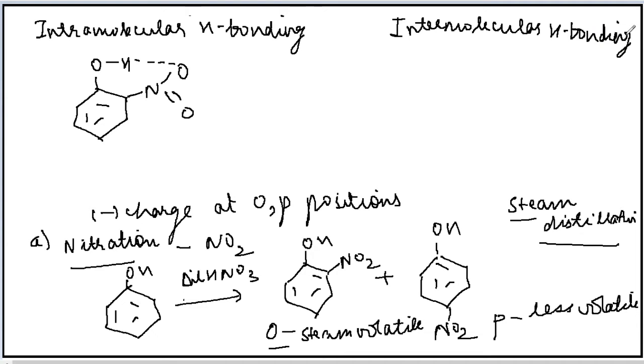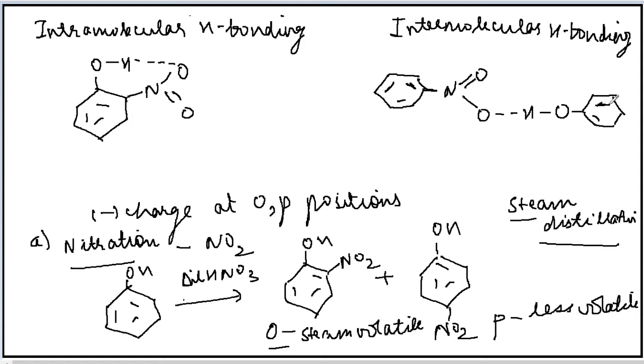Hydrogen bonding means a bond that is formed between hydrogen and an electronegative element. It can be of two types, intramolecular hydrogen bonding and intermolecular hydrogen bonding. Intermolecular hydrogen bonding means hydrogen bonding between two different molecules, whereas intramolecular hydrogen bonding means the hydrogen bonding that occurs within the same molecule.